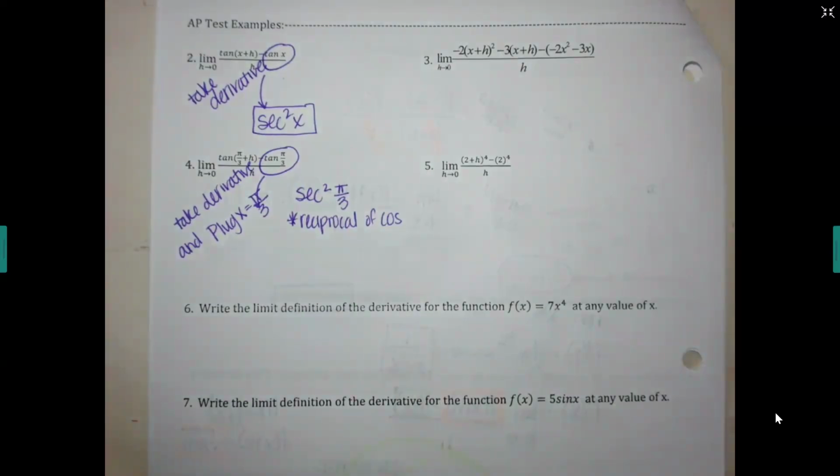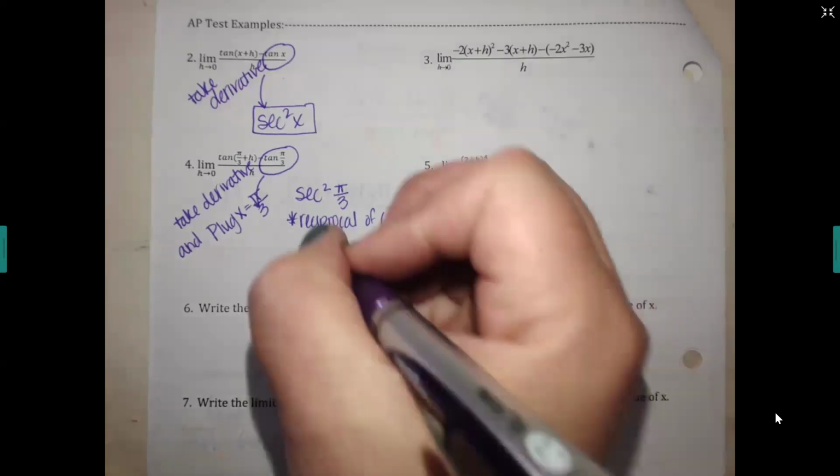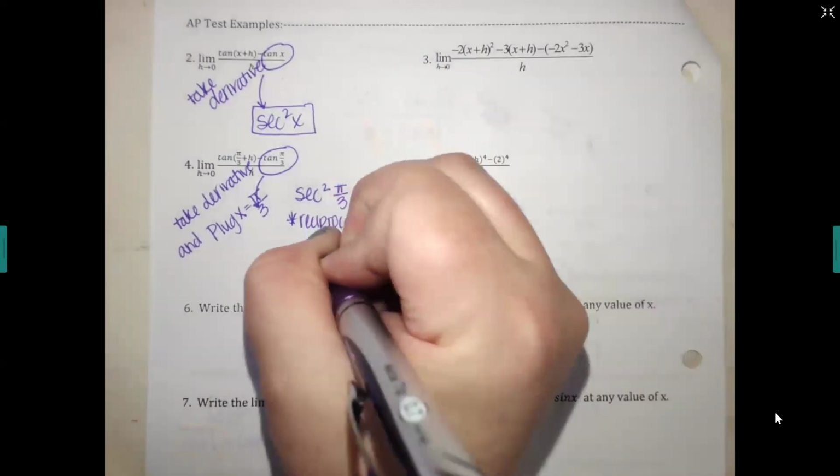Can you find your pi thirds finger? Pointer. Cosine's up or down? Up. How many fingers are up? 1. Square root of 1 over 2 is a half. But I'm going to write 2 over 1. So it'd be 2. That's right.